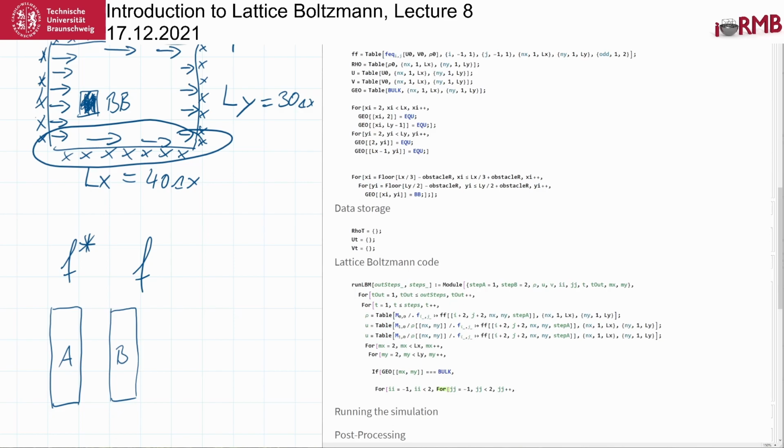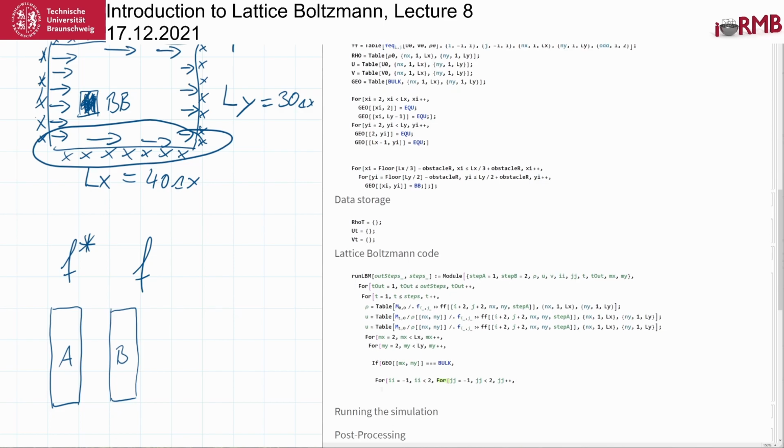And now comes the Bgk operator. The name of our distributions is ff.